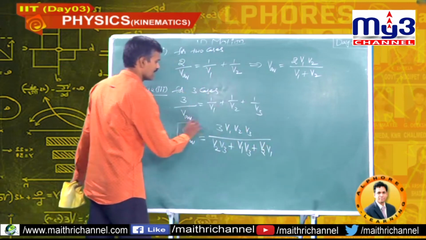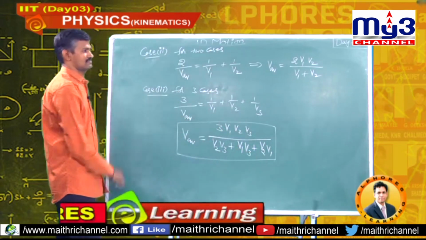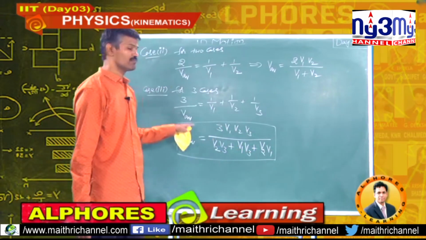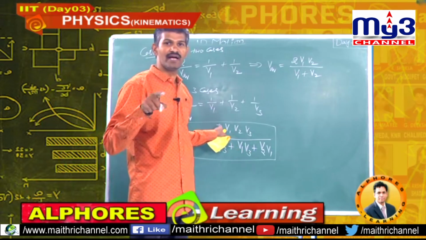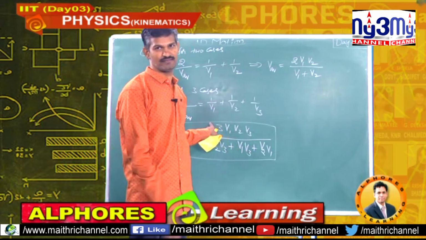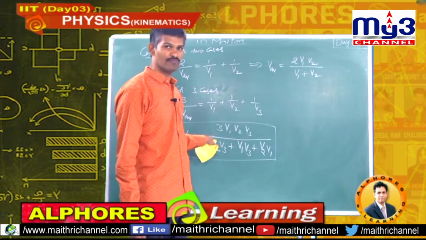This is the average speed for three cases. All these formulas are valid only when the distance travelled by the body at different speeds is equal. Otherwise, this case is not applicable.